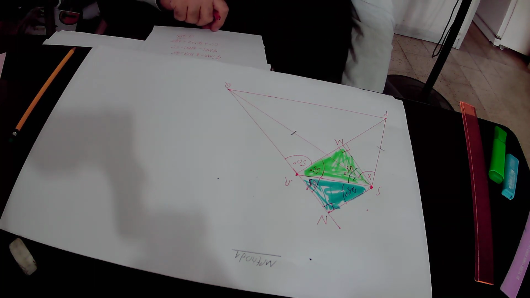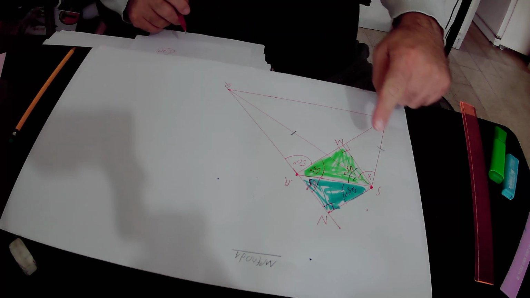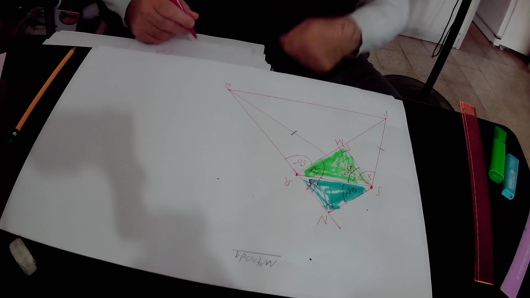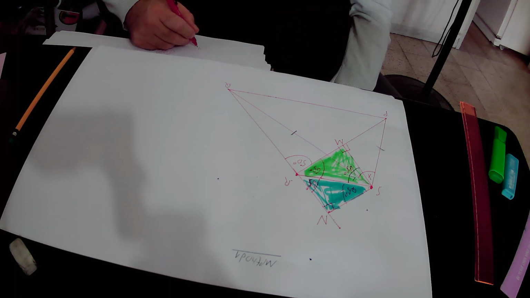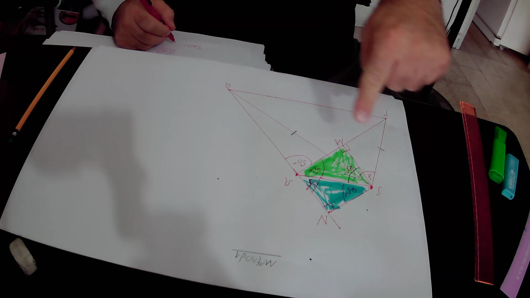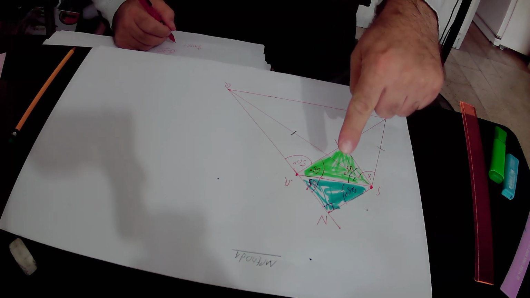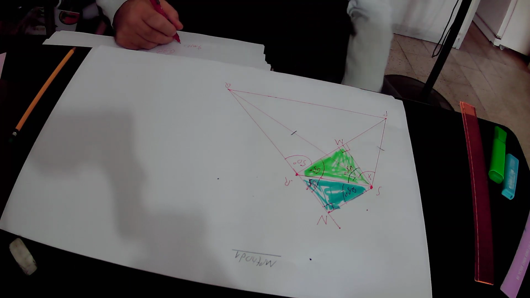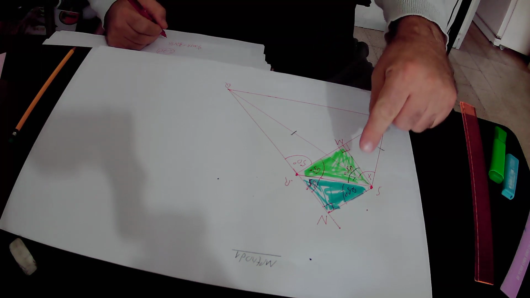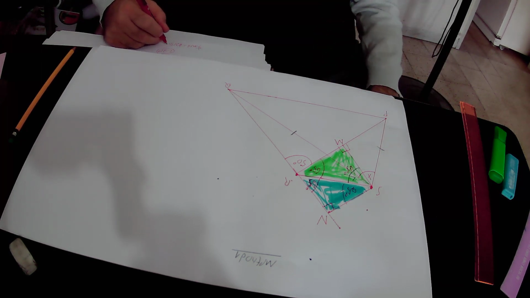So we can write down that angle MSR equals angle RSN or angle NSR, and both those two angles are equal to 25 degrees.